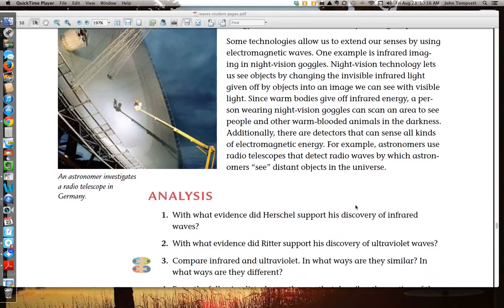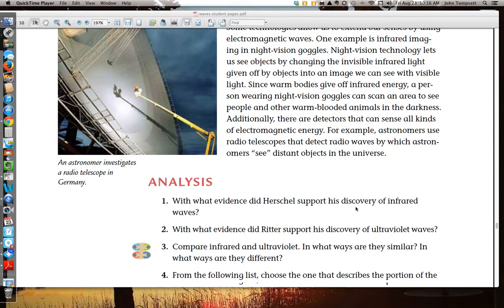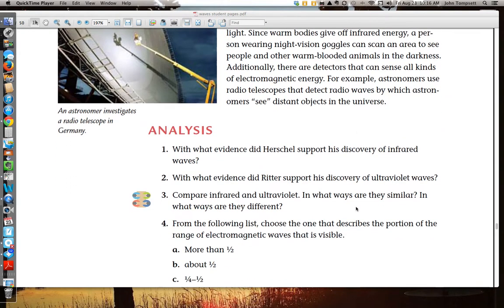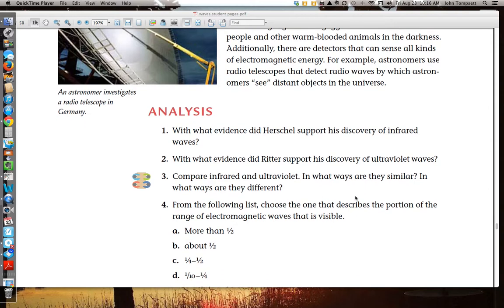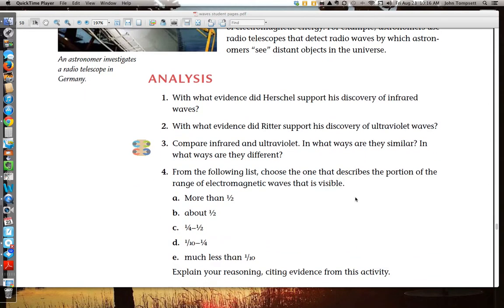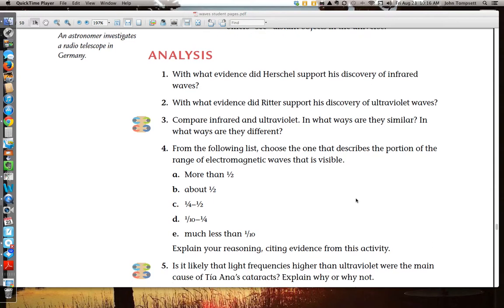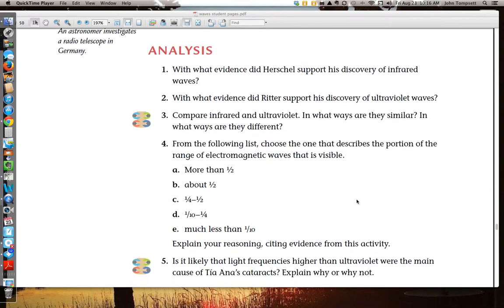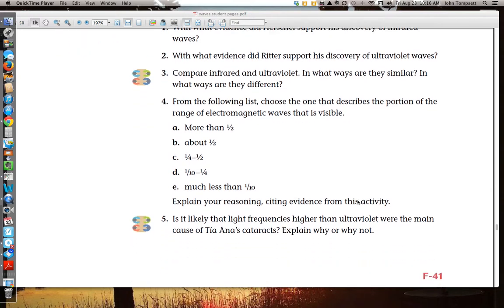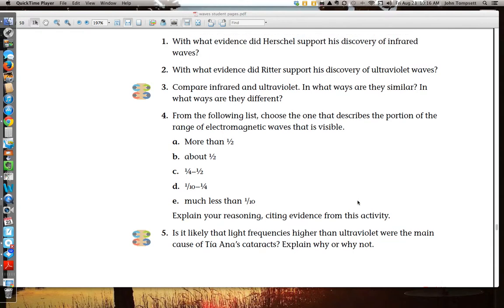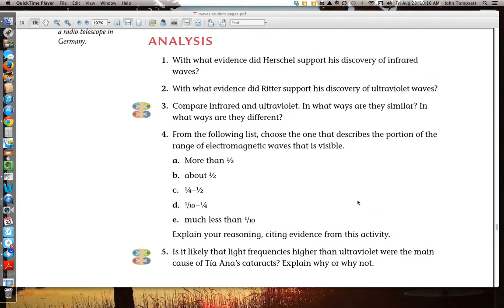Now that you've finished this, I would like you to go to the anticipation guide and fill out the after column. And once you've done that, I would like you in your group to complete these analysis questions 1 through 5 on page F41. You don't have to do them in an ordinary way, any way that you decide to do that is fine.